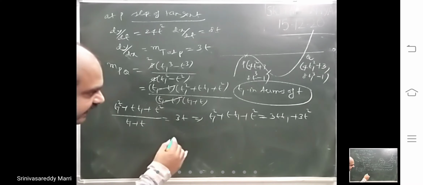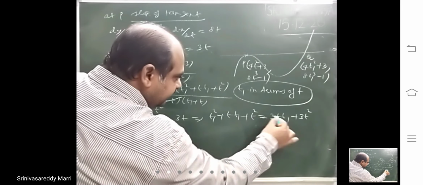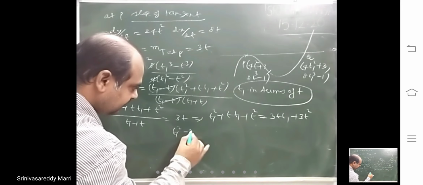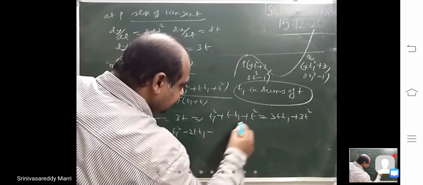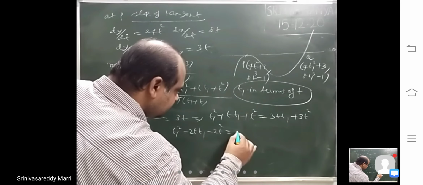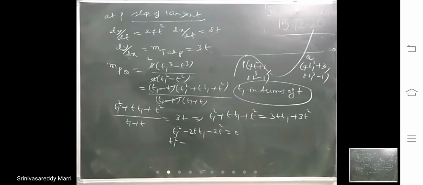So now I want to find t1. Minus 2t t1 minus 2t square. Factorize this. t1 square minus 2t1 minus 2t square equal to 0.